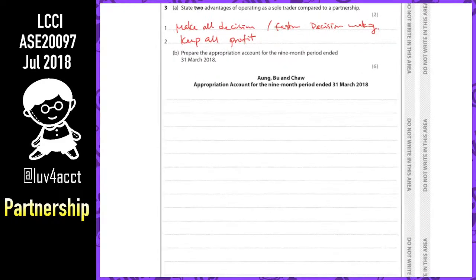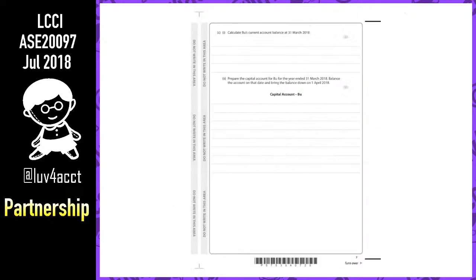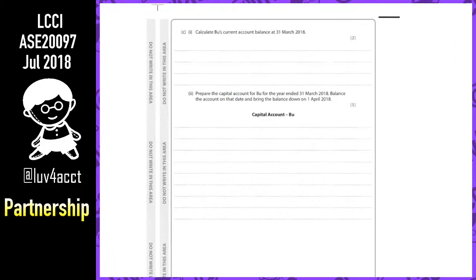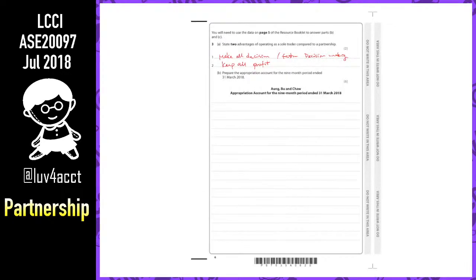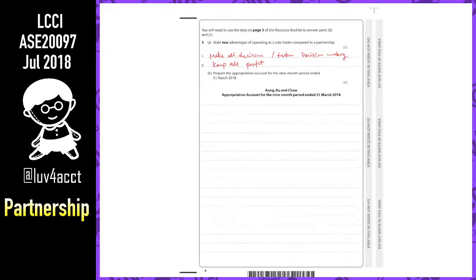Okay, so appropriation account for the 9-month period. Okay, not for the previous 3 months. Okay, calculate Bu's current account and the capital account. Okay, so let's start.